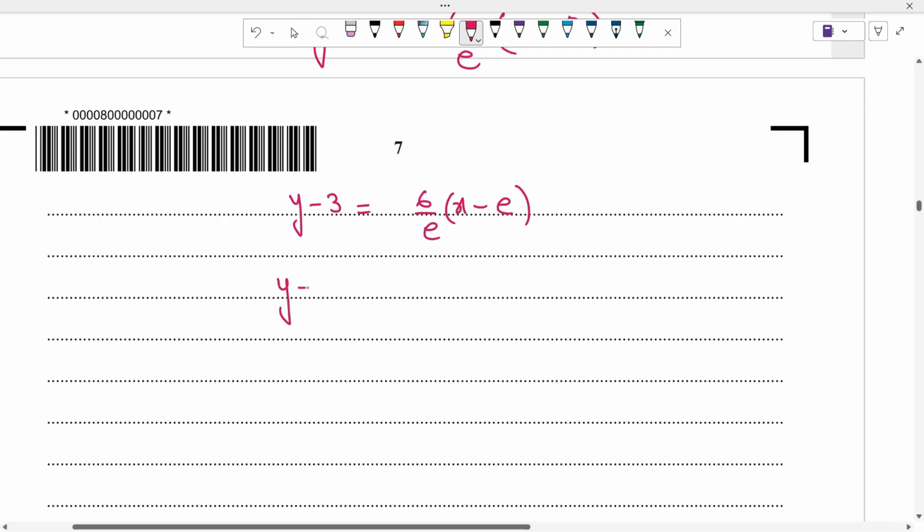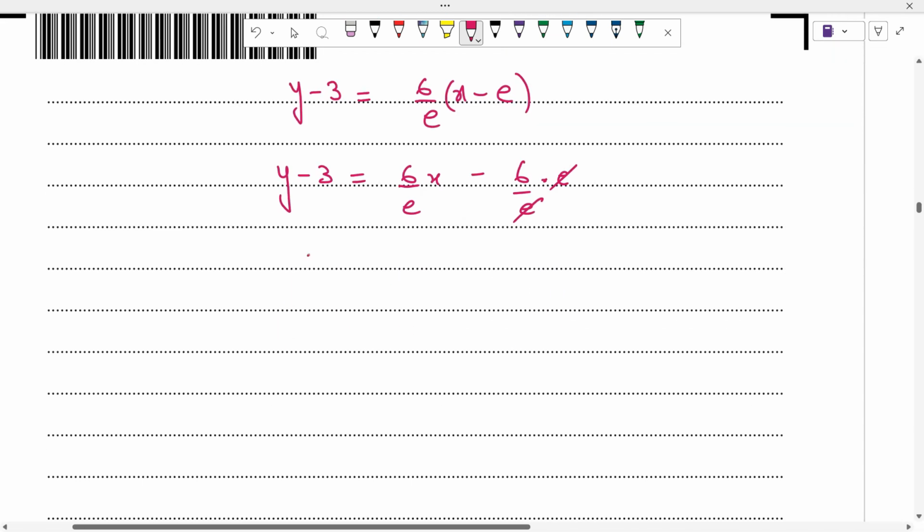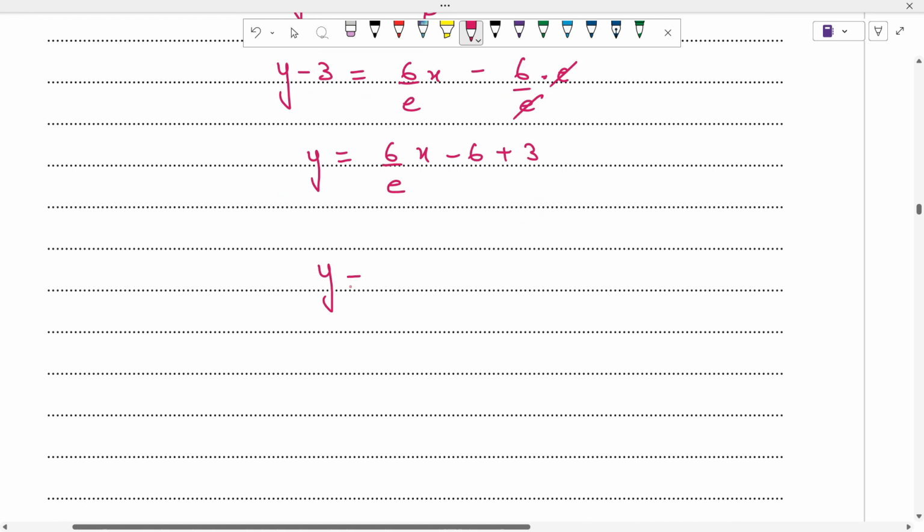Solving further, y minus 3 equals 6 over e times x minus 6 over e times e. The e will cancel out, and we will have y equals 6 over e x minus 6 plus 3, so y equals 6 over e x minus 3.